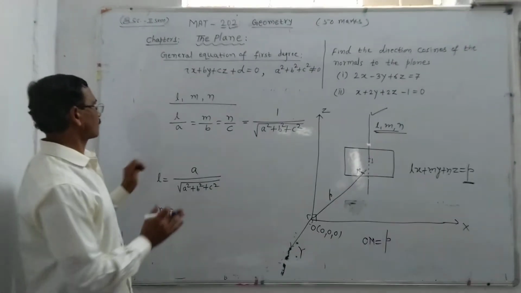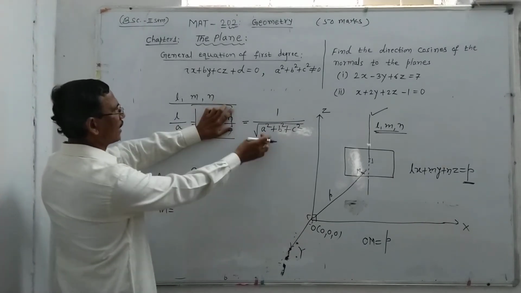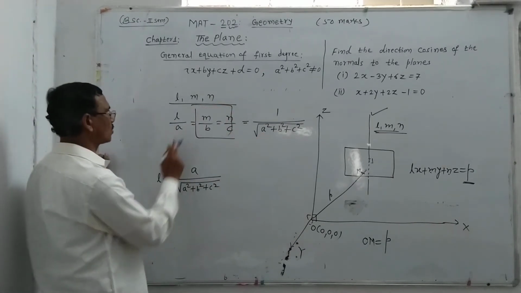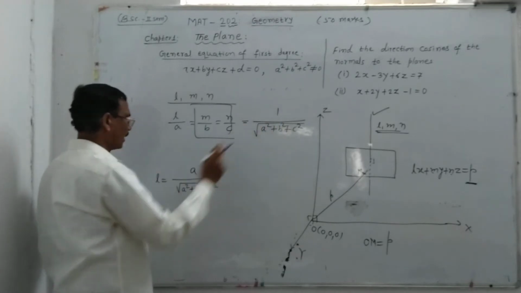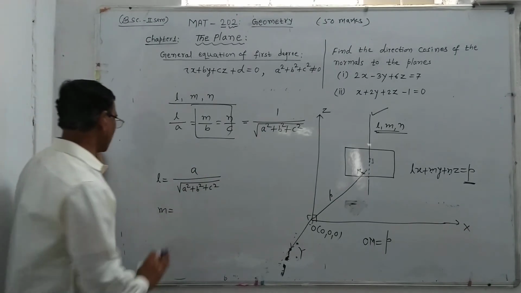Then consider l upon a equal to this. That means l is equal to a upon square root of a square plus b square plus c square.